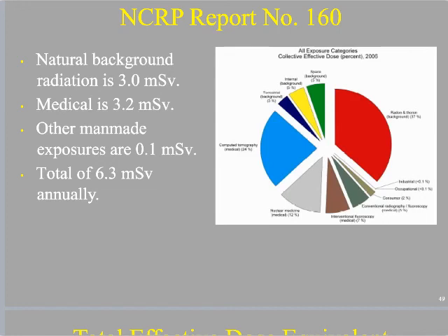And the things that the general public feels really afraid of, things like nuclear weapons or nuclear power, those are the little tiny things right here. Like here's industrial right here, right? And industrial would include nuclear power and military uses of radiation, right? So it's less than 0.1% of people's average exposure.